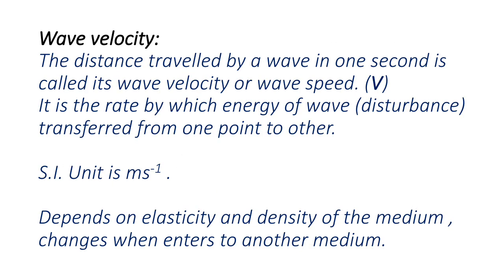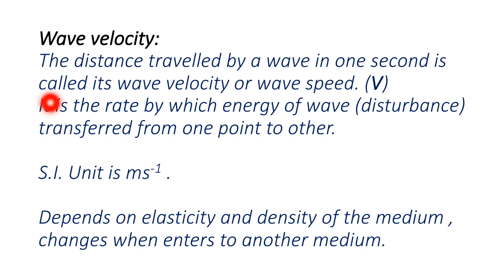Going to the next point, this is the fifth point, wave velocity. As it is a velocity, it is the rate at which the wave is traveling. The distance traveled by a wave in 1 second is called the wave velocity or wave speed, denoted with the capital letter V. As it is a velocity or speed, its unit is meter per second.